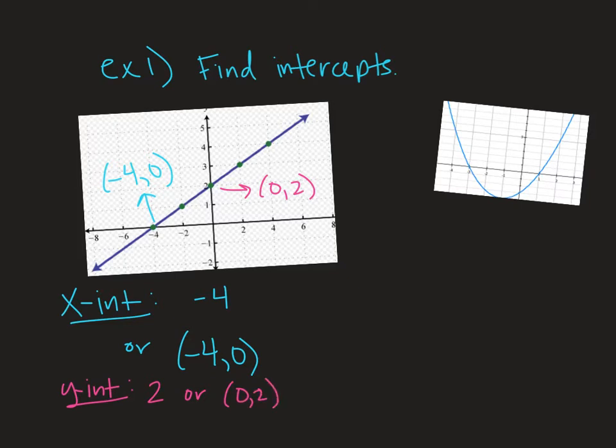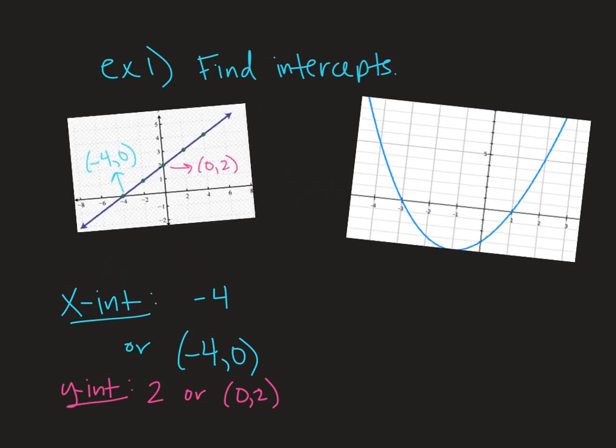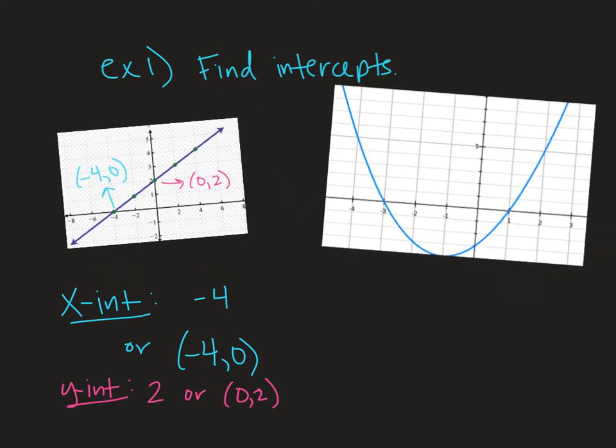All right, that was linear, and so there was only one x-intercept and one y-intercept. But if we have a nonlinear function like this parabola here, or any type of nonlinear, there's always a possibility that we'll have more than one intercept for x or y, or that we won't have one. In this case, we can see that we do have two x-intercepts here at -3 and over at +1, and then we have one y-intercept down at -3.